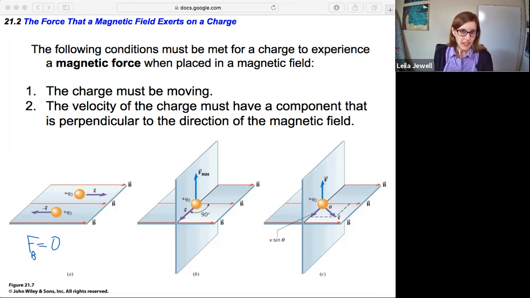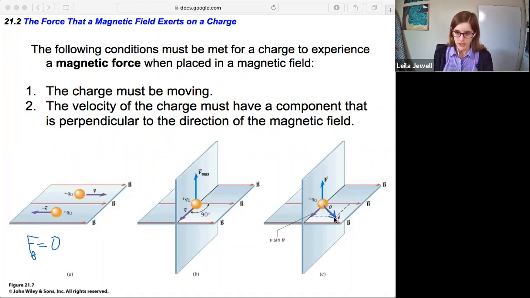The only way we'll have a force is if instead the velocity is coming out at us. This is now at a 90-degree angle relative to the magnetic field. That's perpendicular, and that will produce the largest force possible when it's at that perfectly perpendicular 90-degree angle to the magnetic field. It's also possible that the velocity is somewhere in between perfectly perpendicular and along the magnetic field.